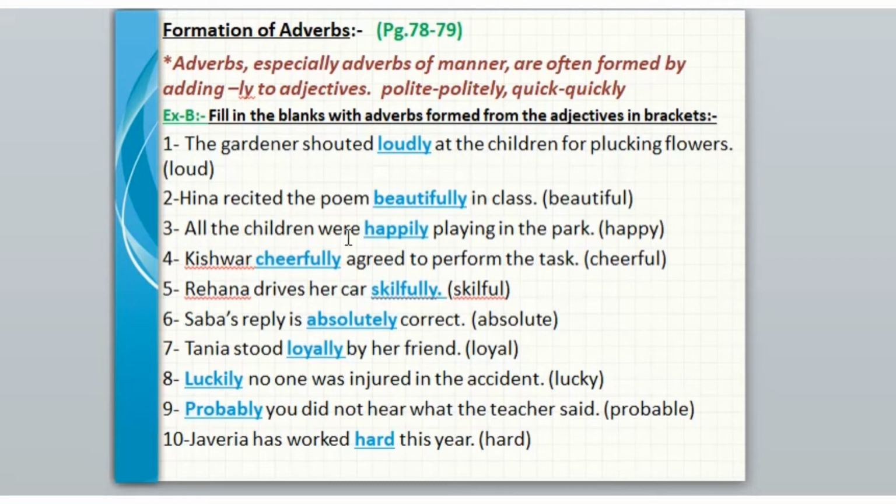All the children were dash playing in the park, bracket says happy. This happy, you have to make in the adverb form and it is ending with y. Y means you will add ILY here. So it will become, all the children were happily playing in the park. Okay, students, happily, see the spellings. Number 4. Kishwar cheerfully agreed to perform the task, bracket says cheerful.